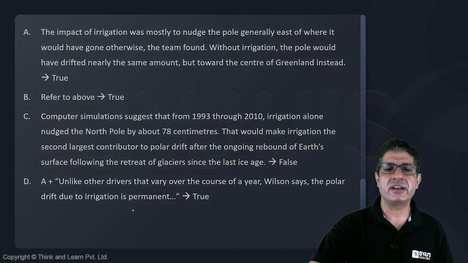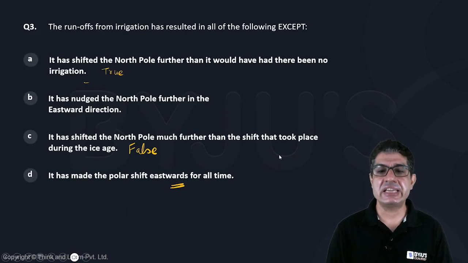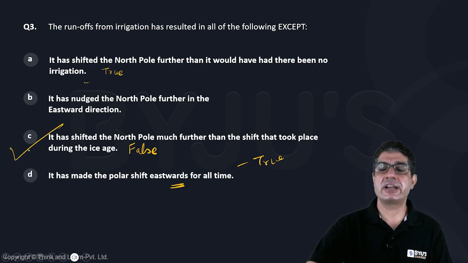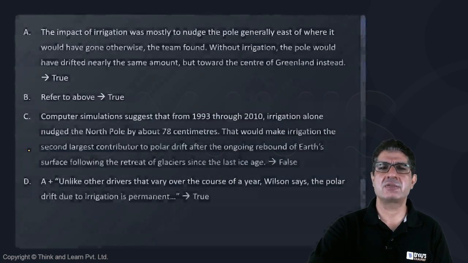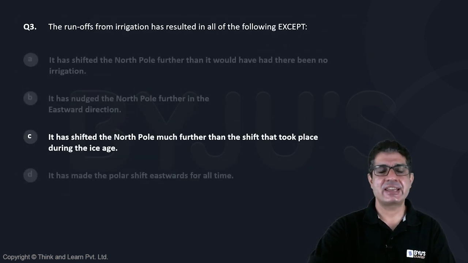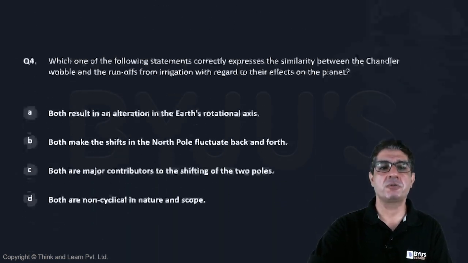If you combine it, we'd be able to label even D as true. So considering that A, B and D are true and C is false, we'd of course go ahead and choose C as our answer for question number 3. So C it is.